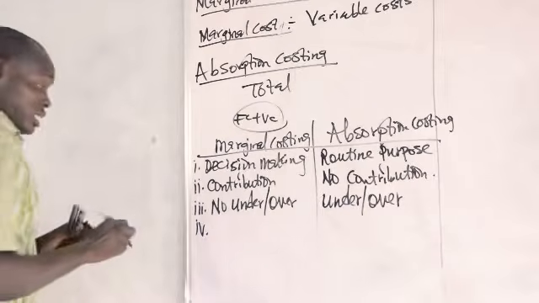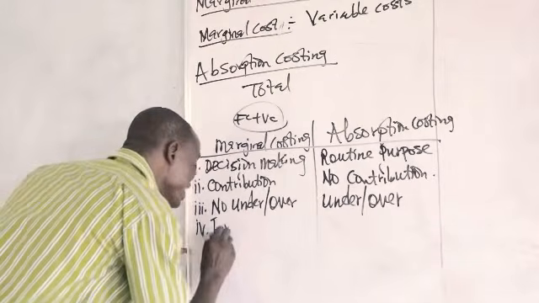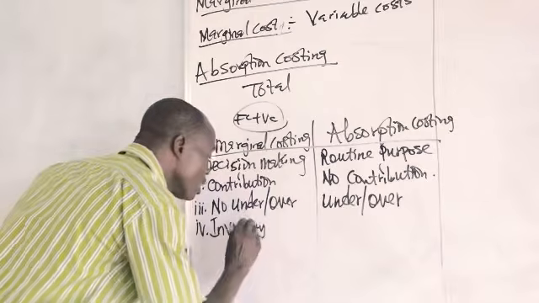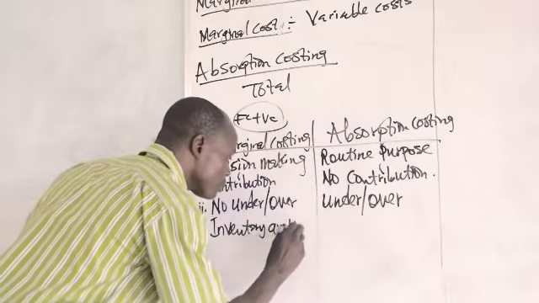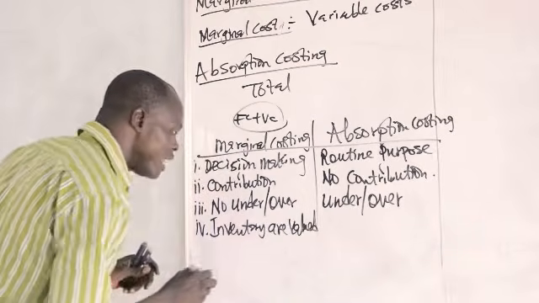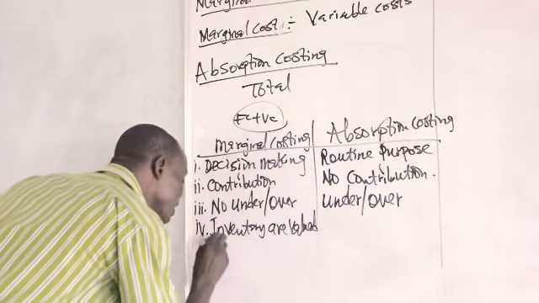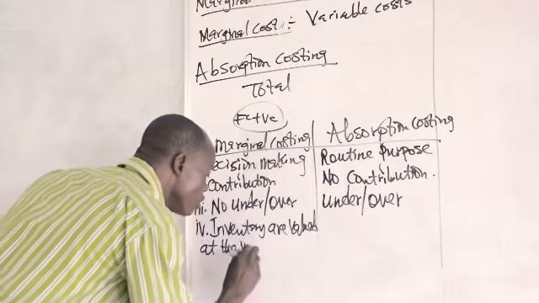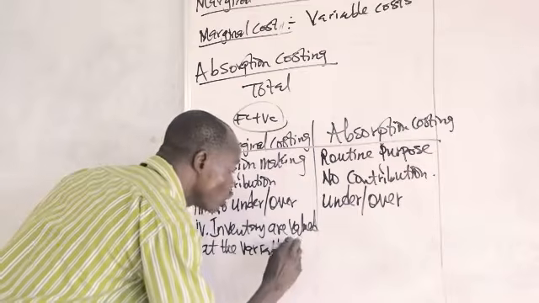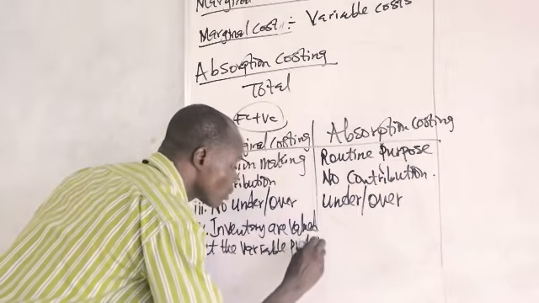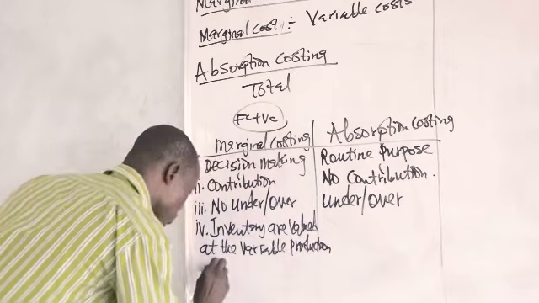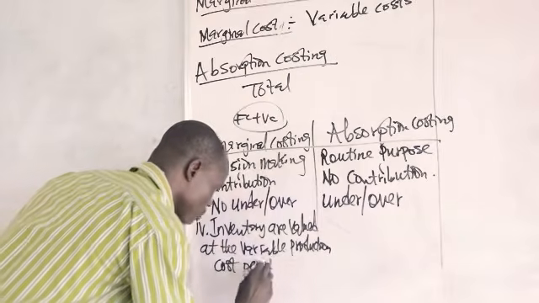Under marginal costing, inventory is valued at the variable production cost per unit.